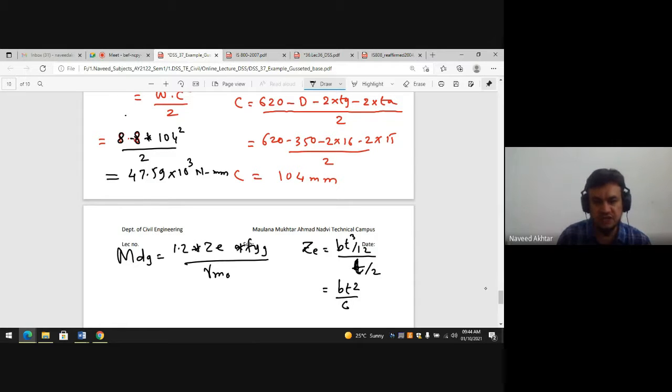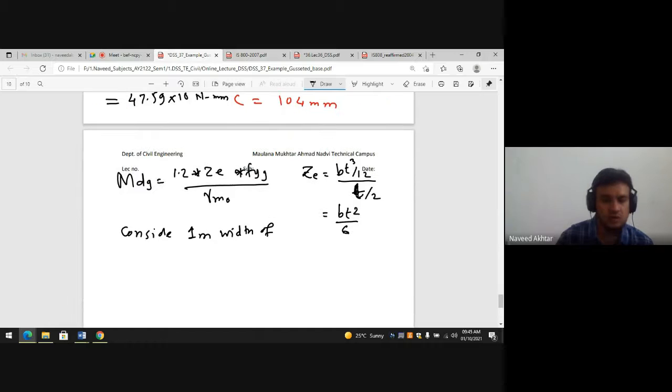So if you consider 1 meter unit width of base plate, then Mdg is equal to, this will be T square by 6, B equal to 1.